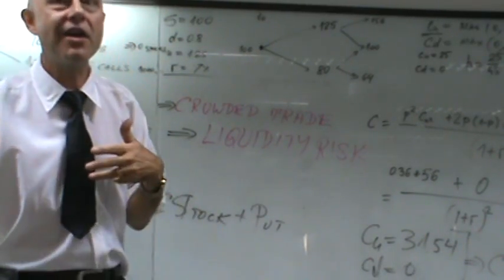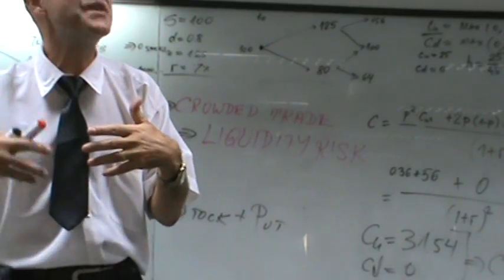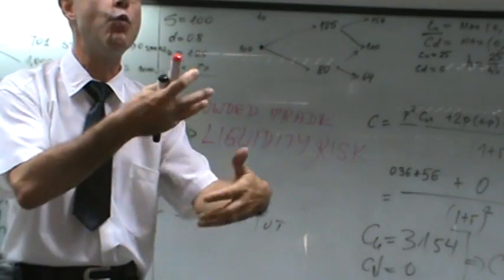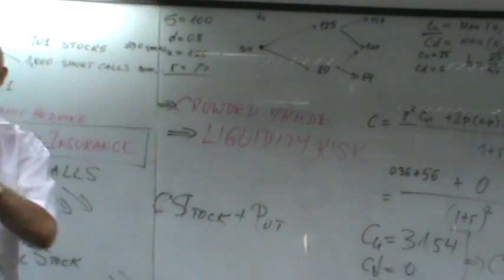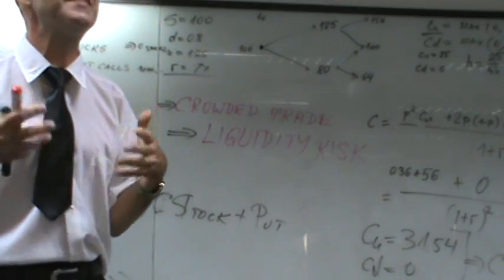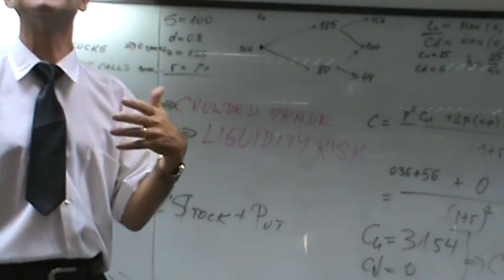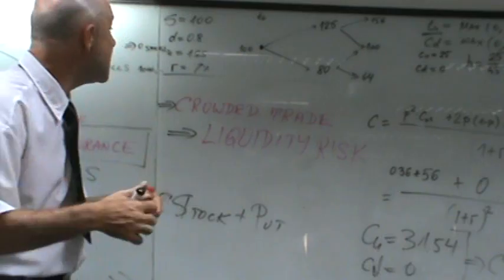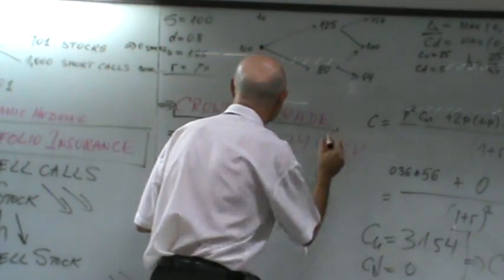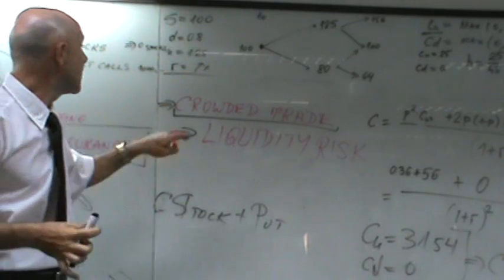So as the trade begins crowding, you are trading off one type of risk for a completely different type of risk. And most people, when they were doing their dynamic hedging, never really saw or understood their trade as a crowded trade.